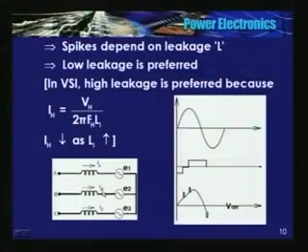Assume that you have a back EMF and inductance in series. Resistance I am neglecting. Something similar to an induction machine, maybe. Back EMFs, inductance. I am assuming E1, E2, E3 to be sinusoidal.